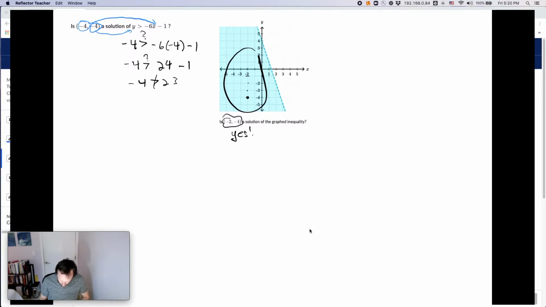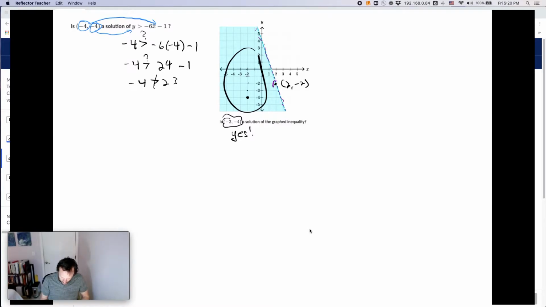While we're here looking at this graph, let's consider this point right here, 2, -2. Is 2, -2 a solution? No, it is not. Since this line is dashed, it means that we're not including the points on the line, right?